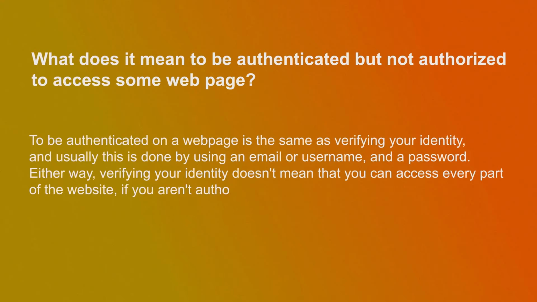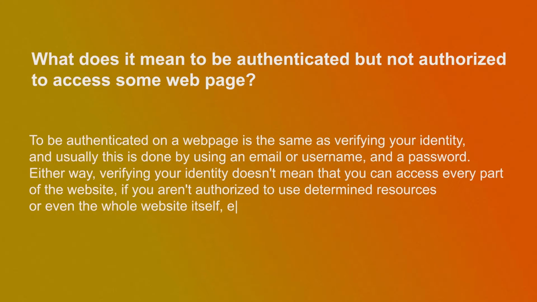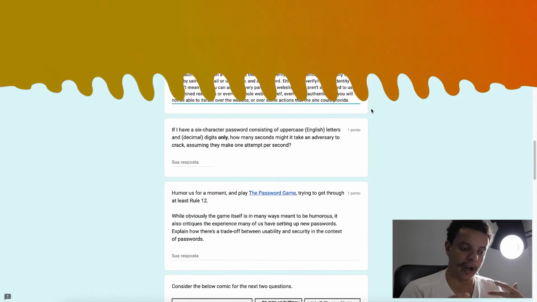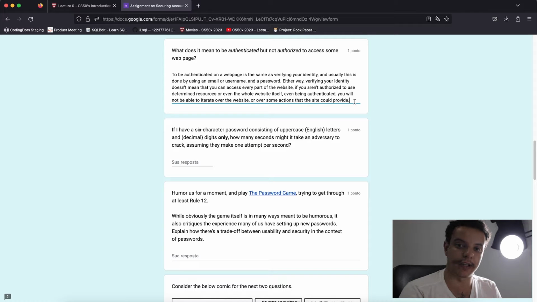If you aren't authorized to use certain resources, or even the whole website itself, even being authenticated, you will not be able to interact with the website, right? Or with some actions that the site could provide to you, okay? Just like I said, for example, if you have something in the website that you're supposed to pay for, you have a block of free things, but you also have a block of paid things.